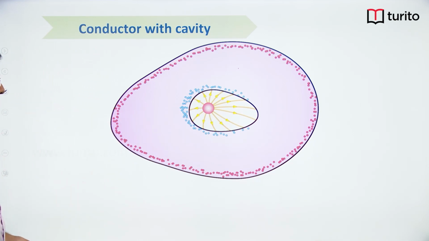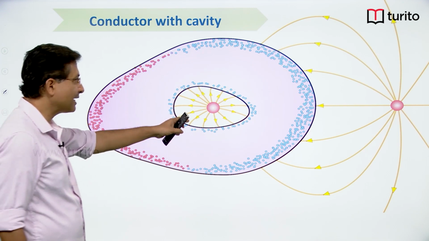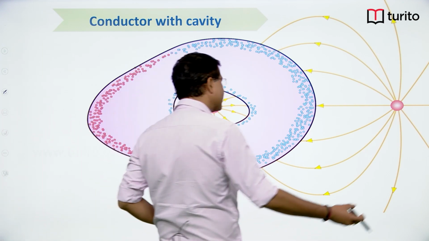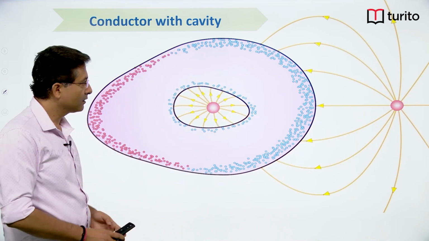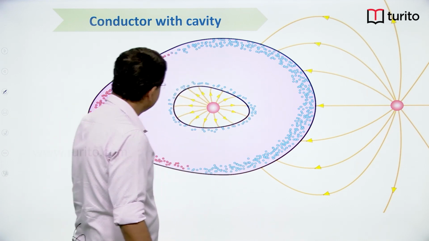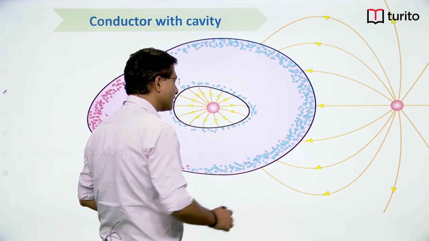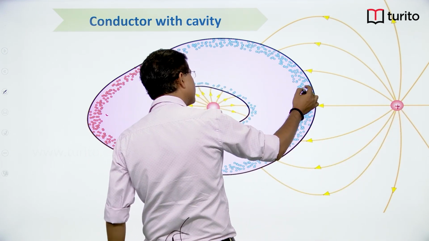Let us see one more animation. So, I am keeping this charge as it is and I will bring another charge, right. So, the distribution of charge here, because this is a positive charge, here this will be a negative distribution, right.